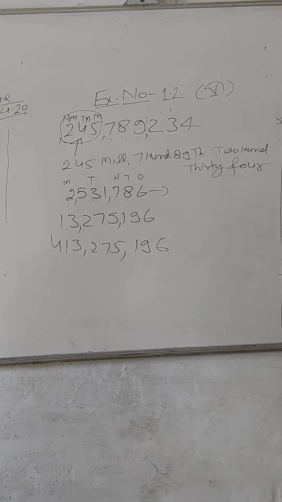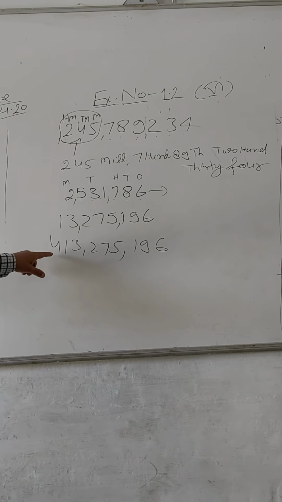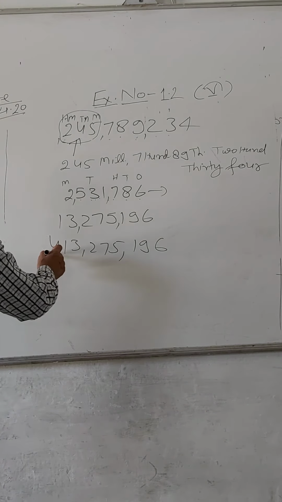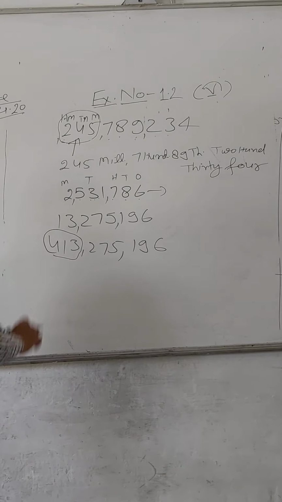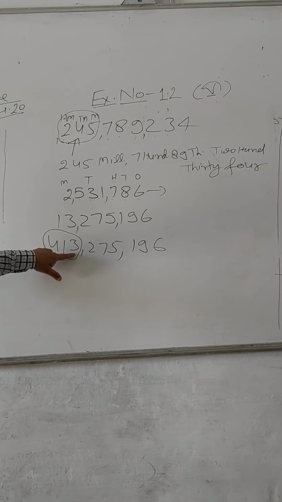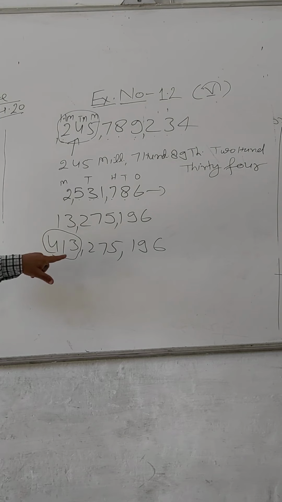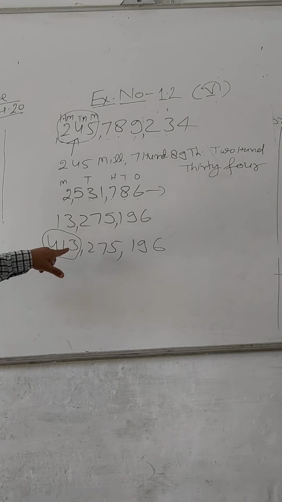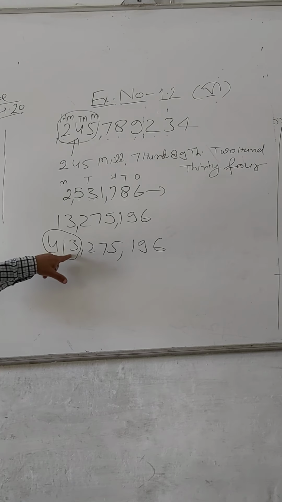So what will you read now? 413 million. Up to 3 periods it will be read as million. So 3 million, 13 million and 413 million. So 413 million 275,196.